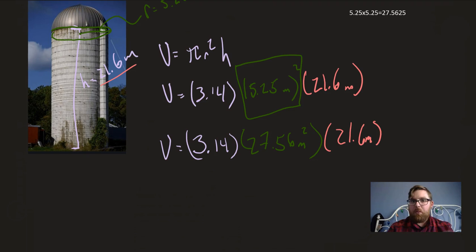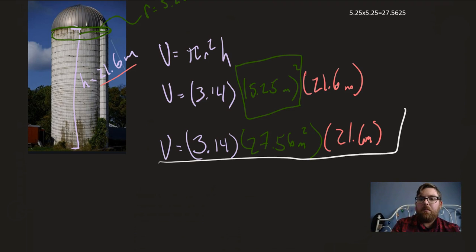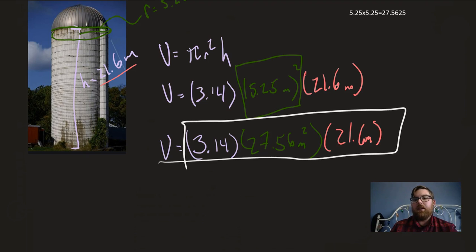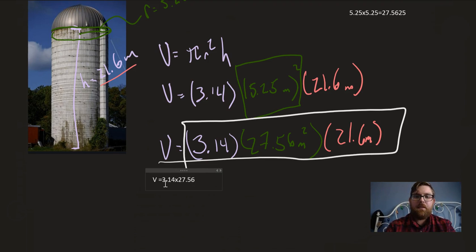Continuing with our order of operations, it's just going to be multiplying these three things here. I'm not going to write it out, I'm just going to type it, because OneNote will calculate it for me. So 3.14 times 27.56 times 21.6.